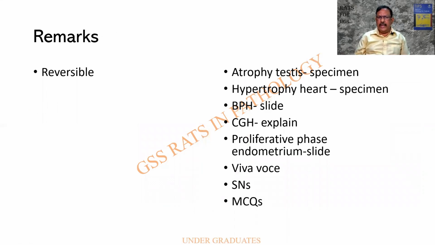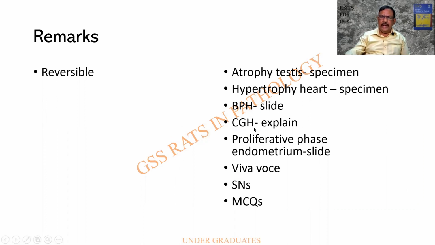Now, what are the remarks that we should bear in mind until now? All the changes that we have seen, atrophy, hypertrophy, hyperplasia, are all reversible. But then what is there for us? Atrophic testis can be a specimen for you in the exam. Hypertrophy of the heart, in many a college it is a specimen. Benign prostatic hyperplasia is a slide.